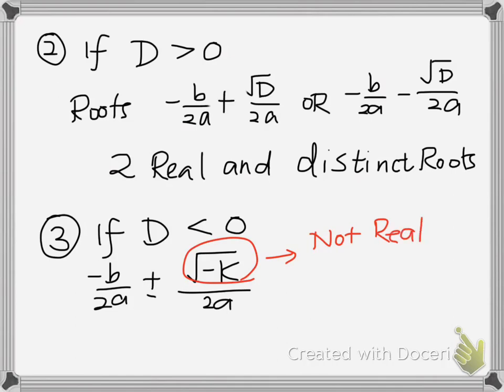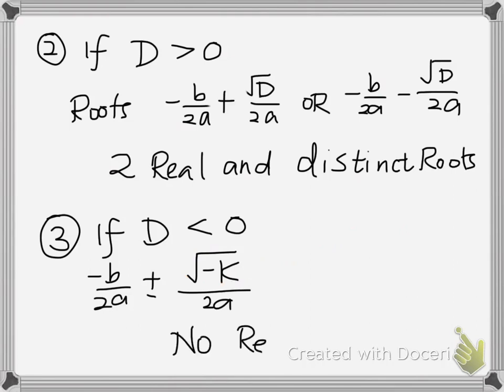For example, if you key the square root of negative 5 into the calculator, it tells you math error, so it cannot be found. So if D is less than 0, there will be no real roots.